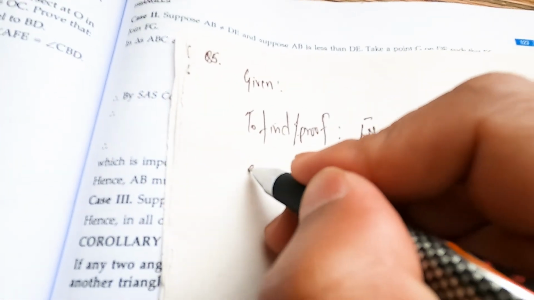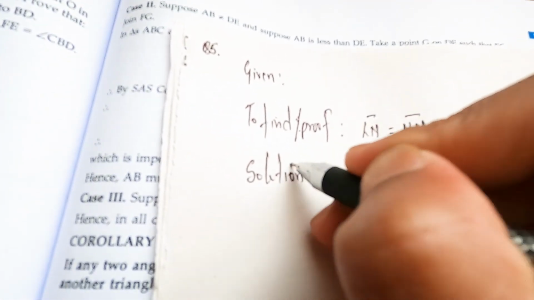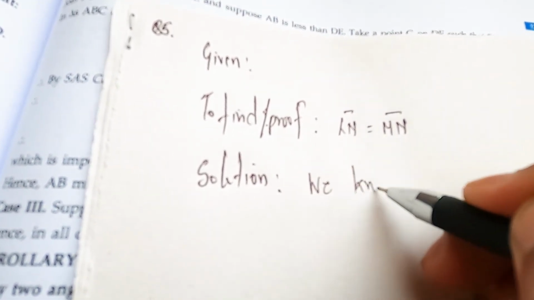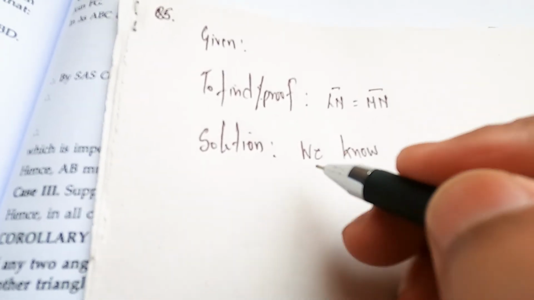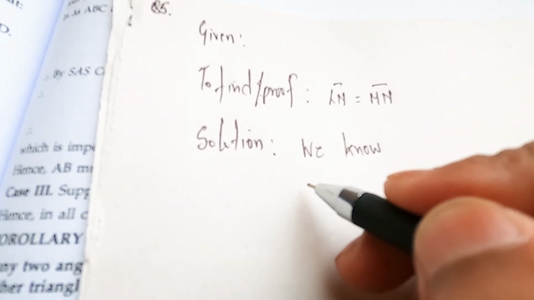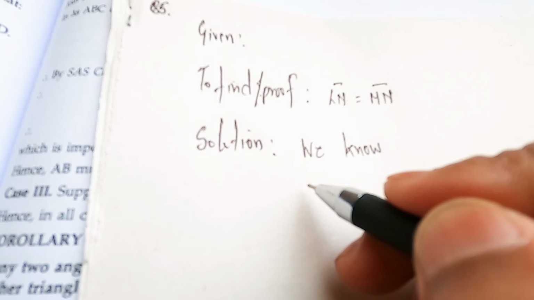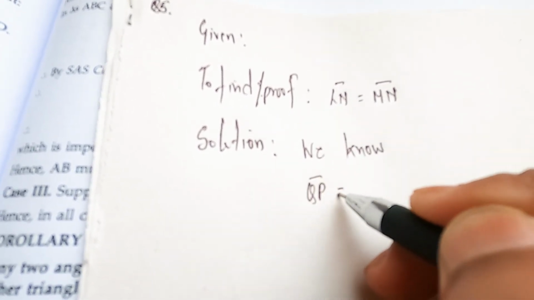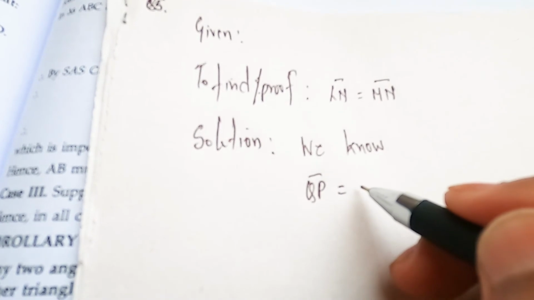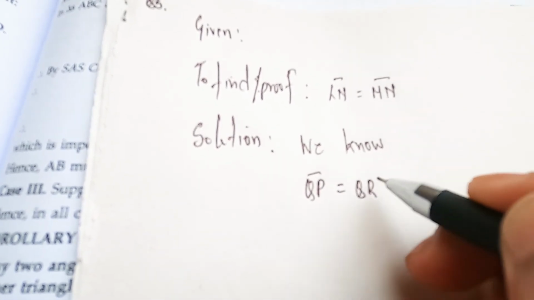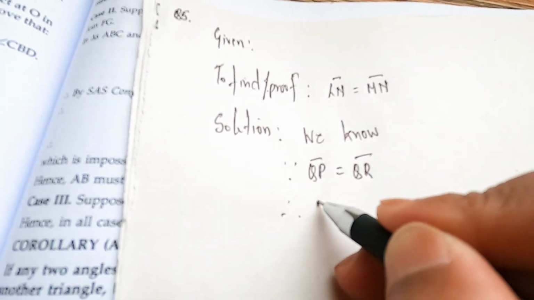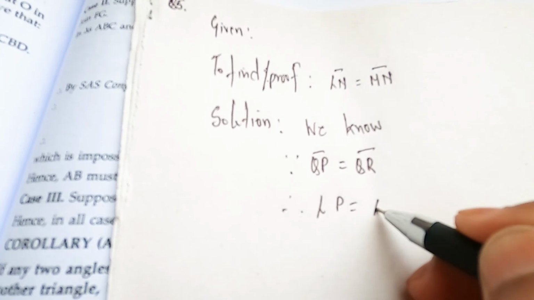Solution or proof: you write, we know side QP is equal to side QR. Since QP is equal to QR, therefore angle P is equal to angle R.